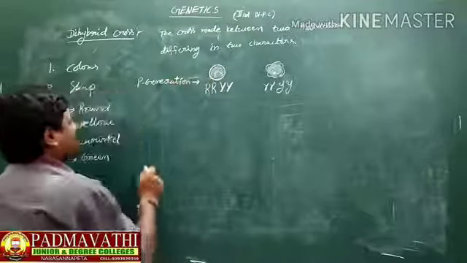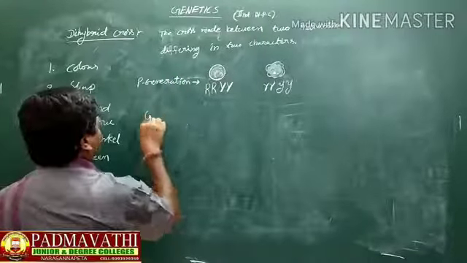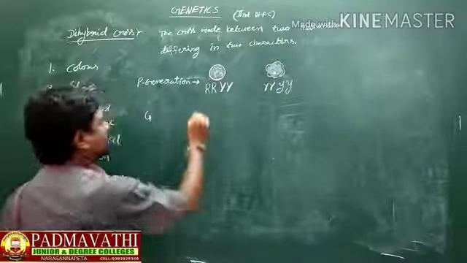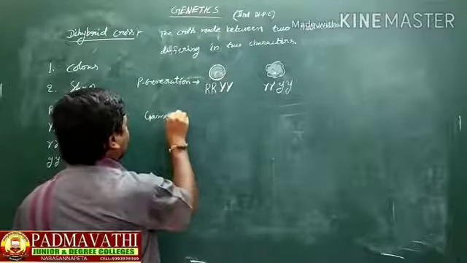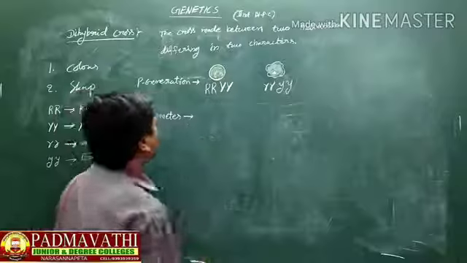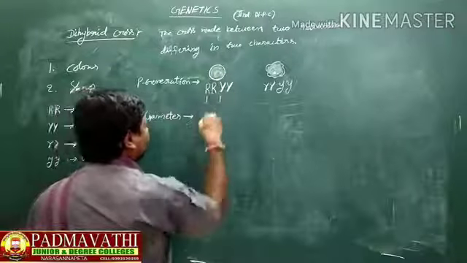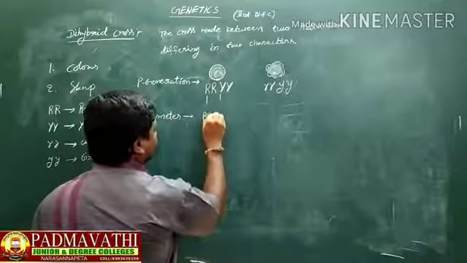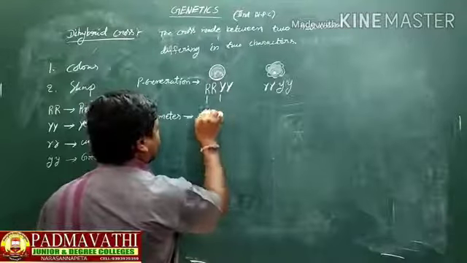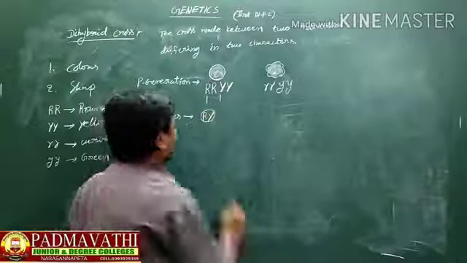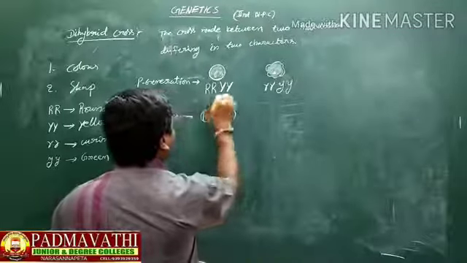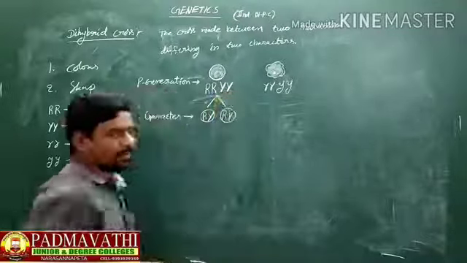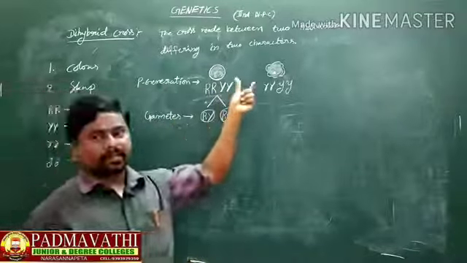Okay. Then gametes. So what type of gametes are they? Here big R, big Y, another one big R, big Y. Two gametes are produced from each individual.